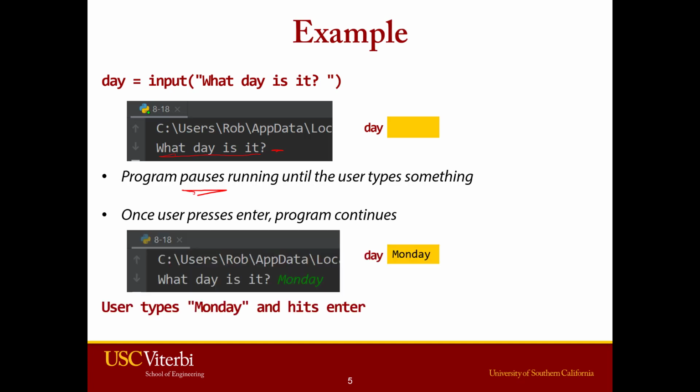Okay? Let's say that then the user types in Monday. When they hit enter, if we go back up to this code here, it's going to take this value and it's then going to store Monday into the day variable, which is why we see Monday right here. So it's taking that information and storing it in the variable.